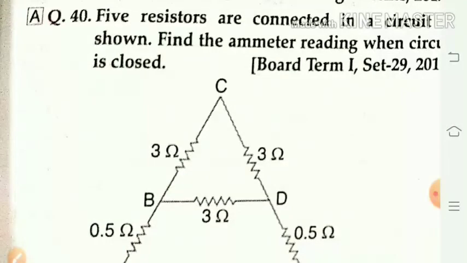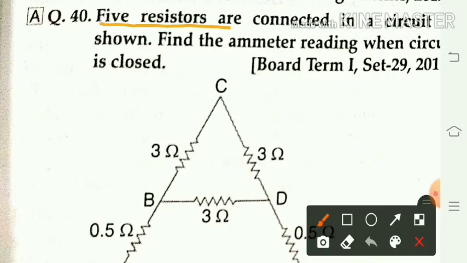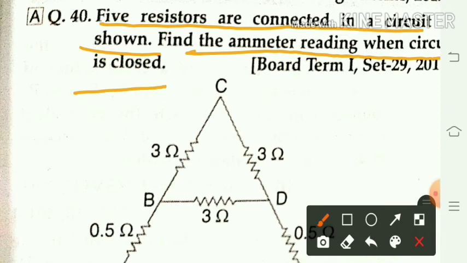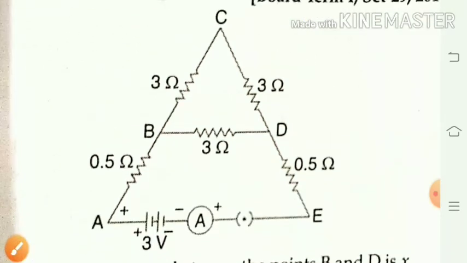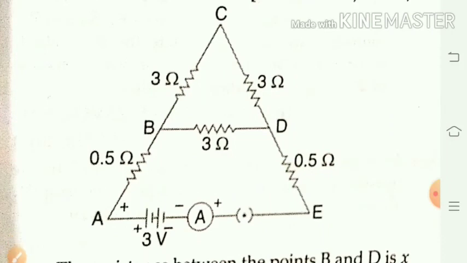5 resistors are connected in a circuit as shown in the diagram. Find the ammeter reading when the circuit is closed. Now we will see this diagram here, ACE. In this ACE diagram, on the AC side 0.5 ohm and 3 ohm resistors are in series.